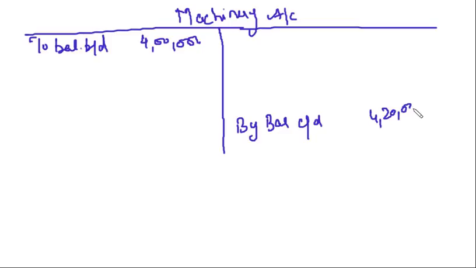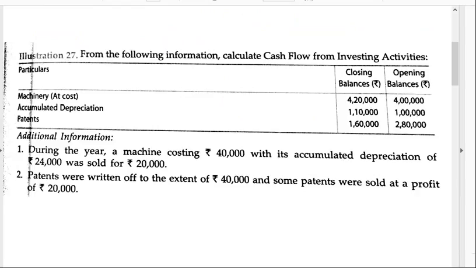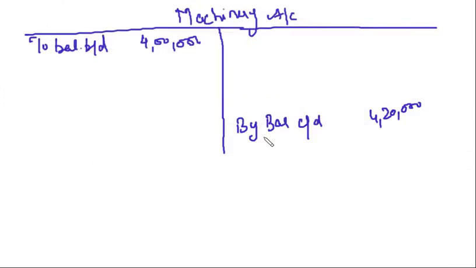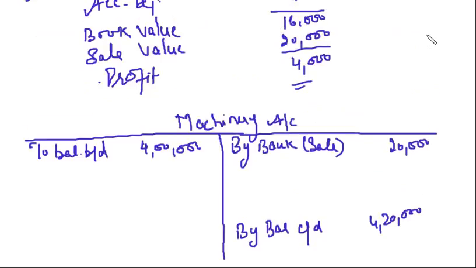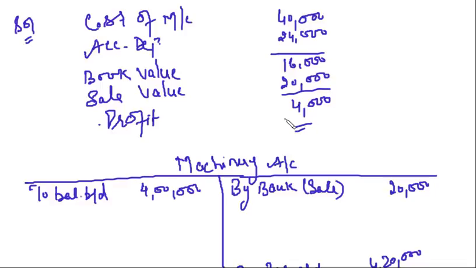Now we have sold a machinery for rupees 20,000. So I can say by bank, that is sale, for 20,000, and we have calculated that there is a profit of 4,000 on this.